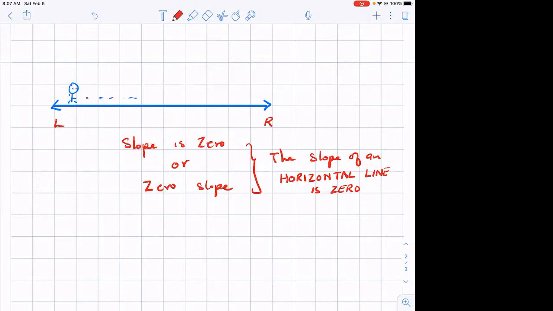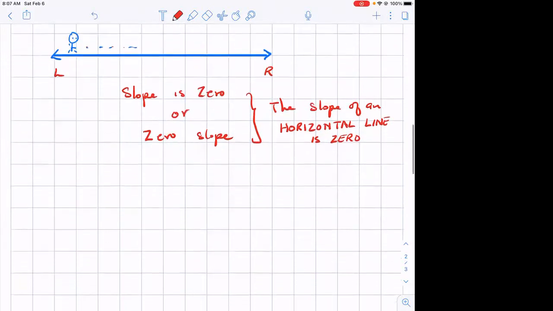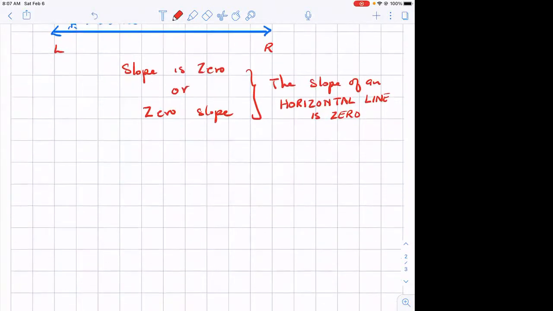Now, we can also define slope as the ratio of the vertical change to the horizontal change. Okay? So geometrically speaking, slope is the ratio.